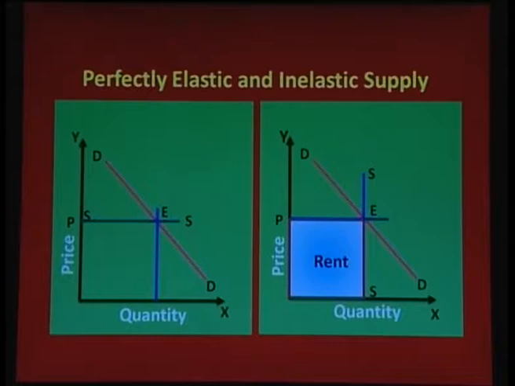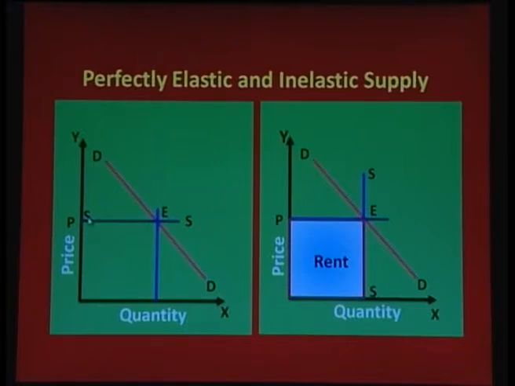Now, as shown in these two graphs, in the first one, price is taken on the y axis and quantity is taken on the x axis. DD is the downward sloping, that is negatively sloping demand curve, and SS is the supply curve. Now, what does the shape of the supply curve depict?